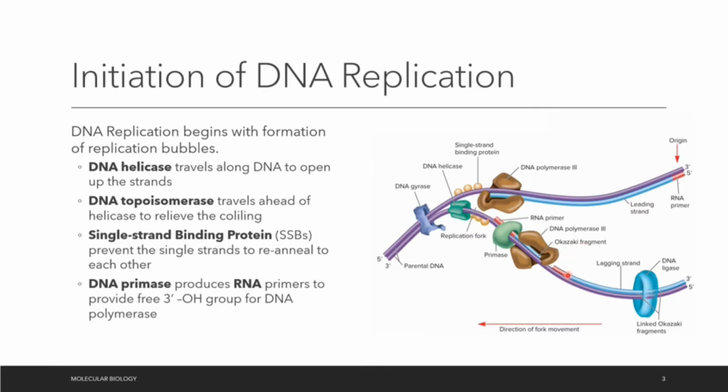So the RNA primers are very transient molecules which don't exist in the finalized replicated DNA. These are the four important proteins involved in DNA replication initiation: helicase, topoisomerase, SSBs, and DNA primase.